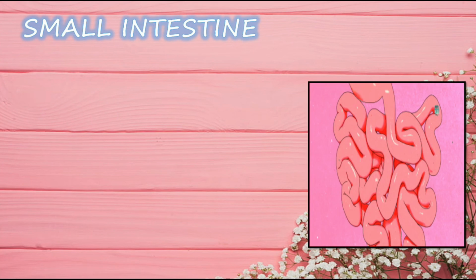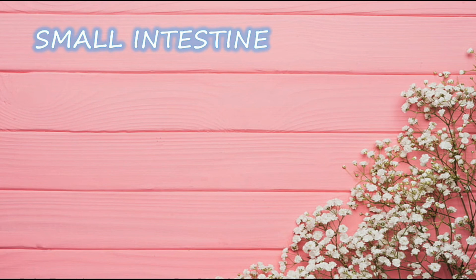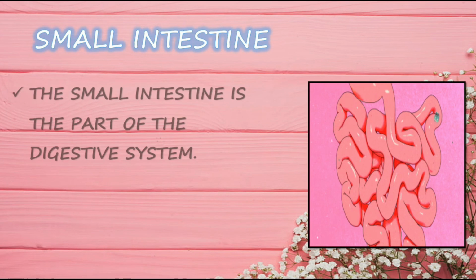Small intestine. A long tube-like organ that connects the stomach and the large intestine. So, the small intestine is the place that connects the stomach and the large intestine. It will be like a tube-like structure. The small intestine is the part of the digestive system.